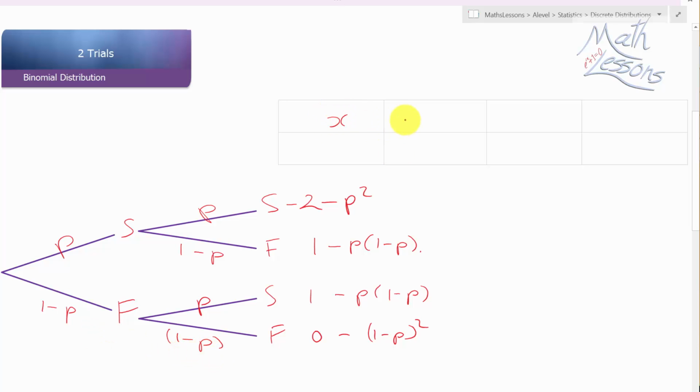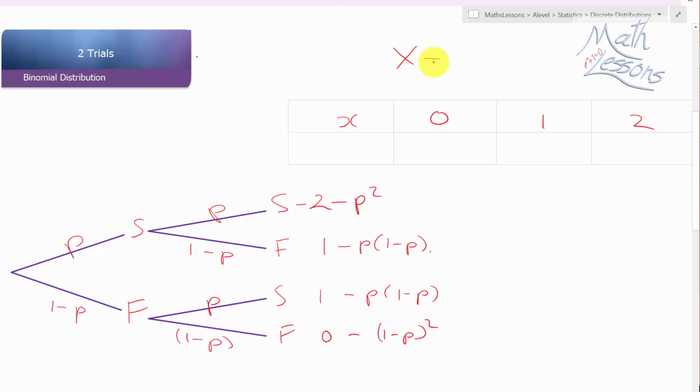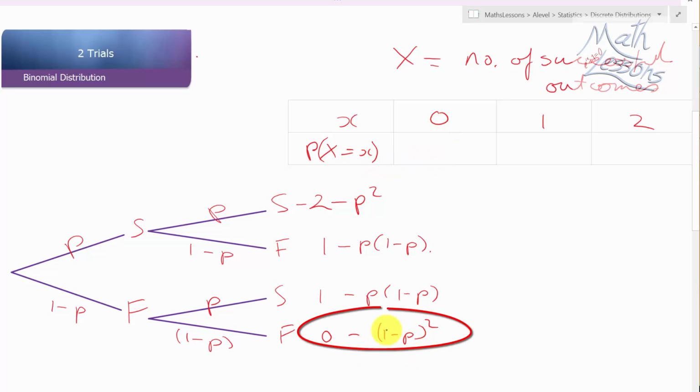So if we look at our possible values, when we have two trials, we can have either 0, 1 or 2 successes. So we're letting x equal the number of successes, the number of successful outcomes. So the probability that x equals 0 is 1 minus p squared.